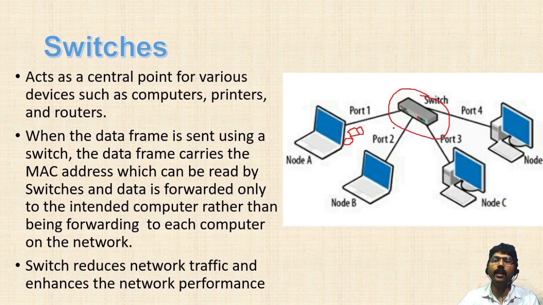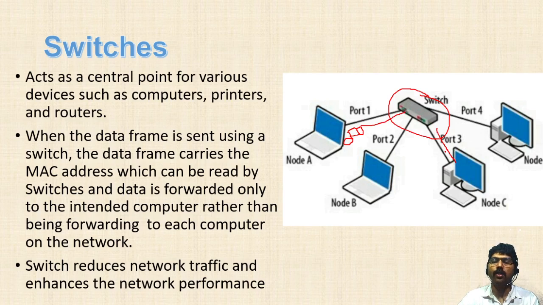Whenever it sends the data in the form of a data frame, the switch reads that MAC address. The switch already maintains a table of MAC addresses, showing which computer is connected to which port. So whenever it reads the MAC address, it knows that this data is for this computer, and it sends the data directly over this port.